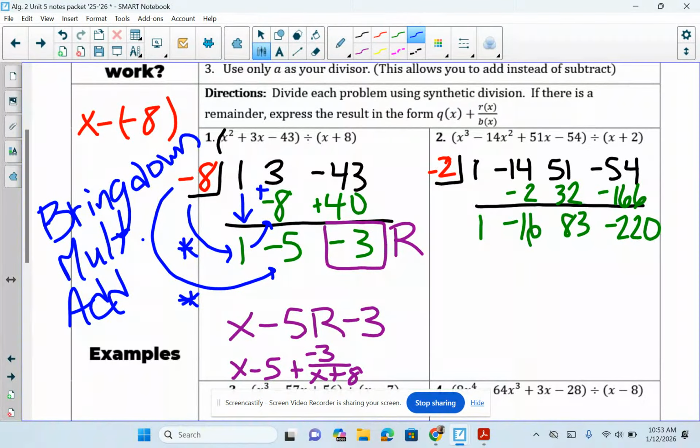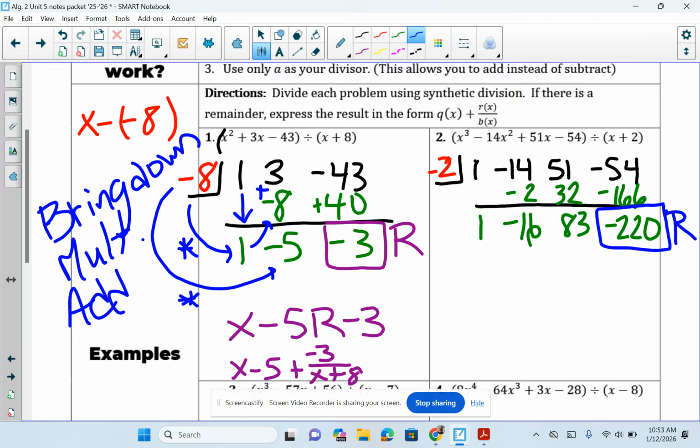All right, so that last box is my remainder. So what that means is, because I have a remainder, x plus 2 is not a factor of that. It isn't divisible evenly. When I go to write my answer, the fact that this started with x cubed means my answer starts with x squared.